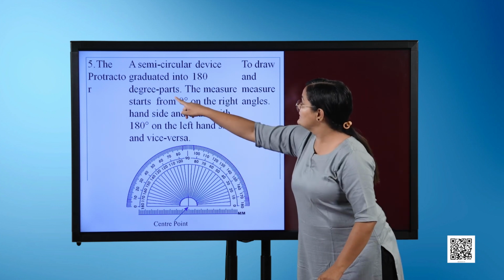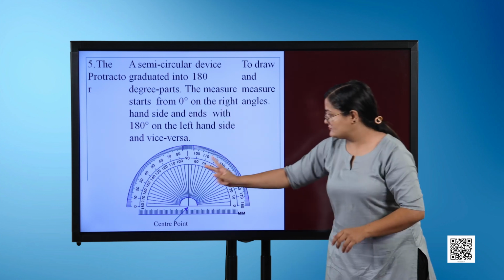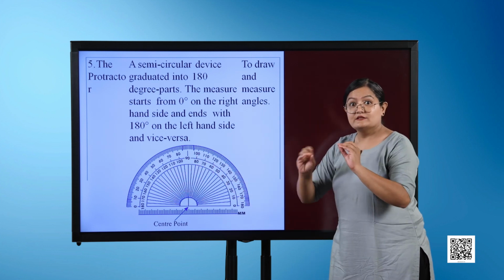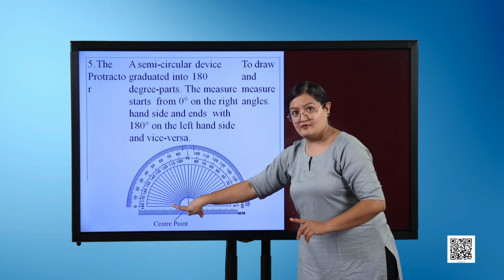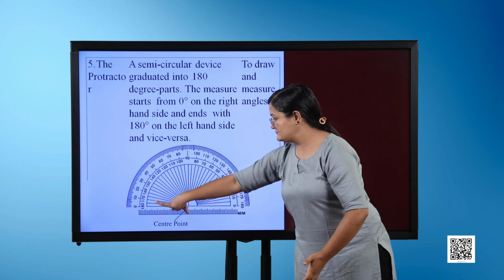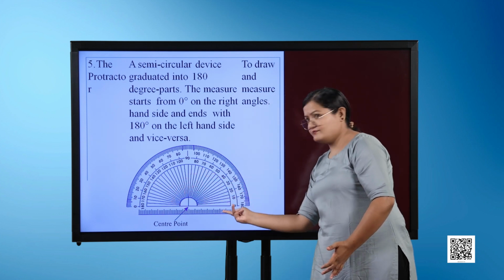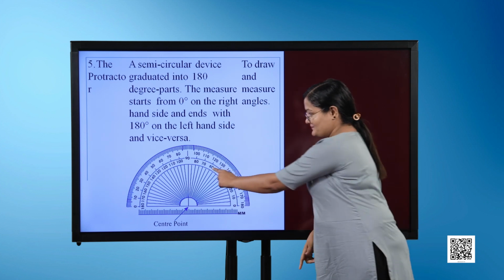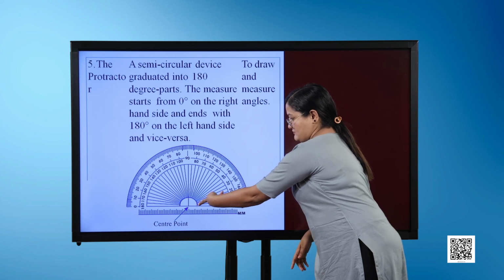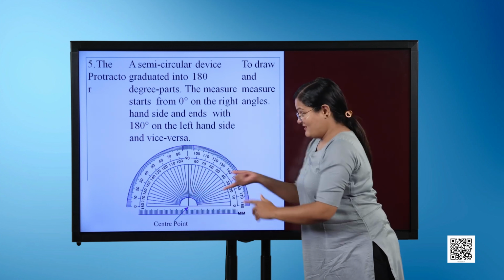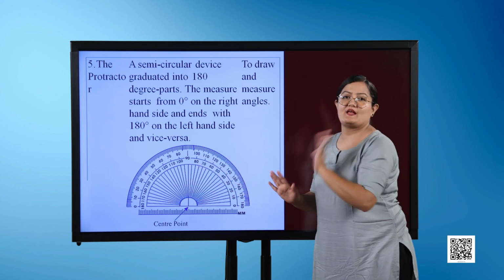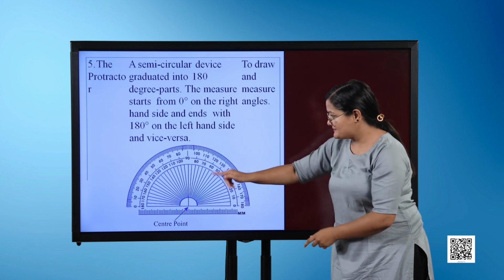The measure starts from 0 degree on the right-hand side and ends with 180 degrees on the left-hand side, and vice versa. To draw and measure angles.